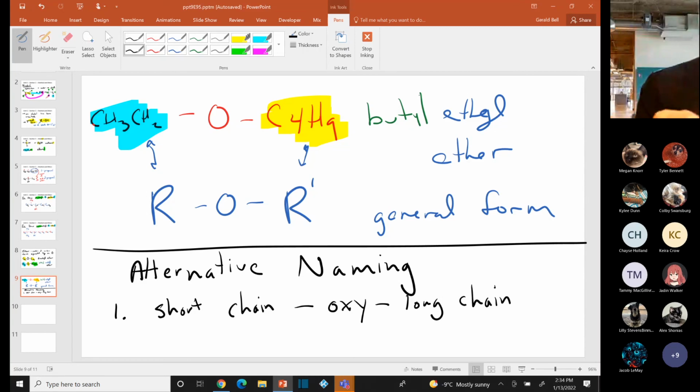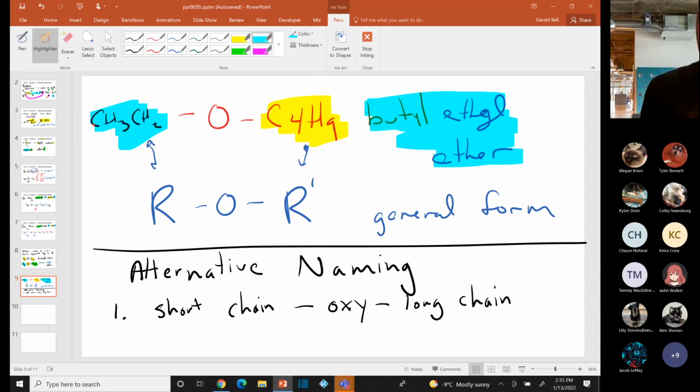If you look up here at the one we named on the top of this slide, this butyl ethyl ether, which to me sounds beautiful. The way we would name this one would be we'd take the short chain, which would be the ethyl. Then we'd write the word oxy. And then the longer chain would be the butyl, but we don't say butyl, we say butane.